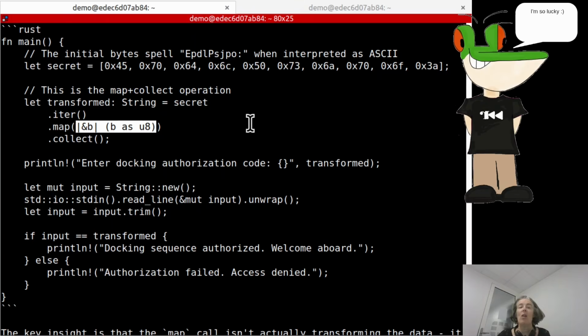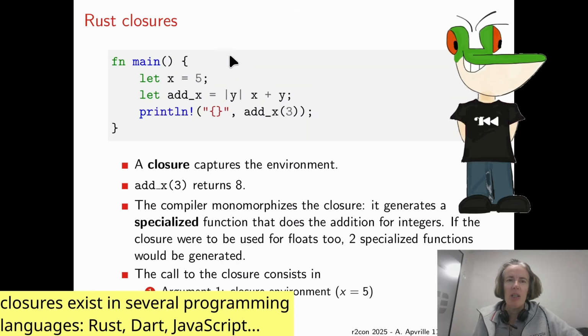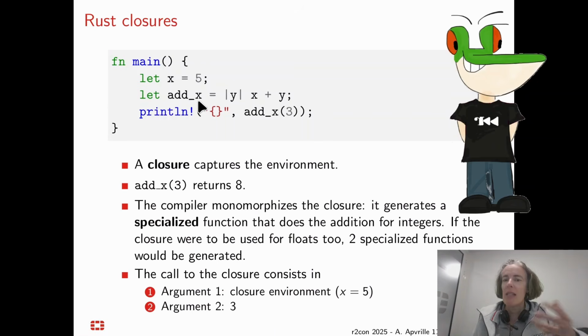This is a closure. So let me explain a little bit what the Rust compiler does when it sees a closure. Imagine that you have this piece of code. The closure is in here, add x. It's basically a function that captures a given environment. In this case, the environment is x, where x equals 5.